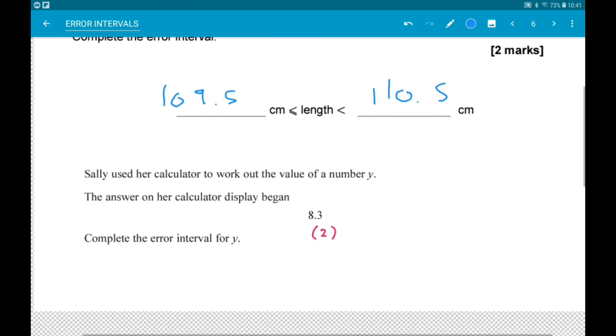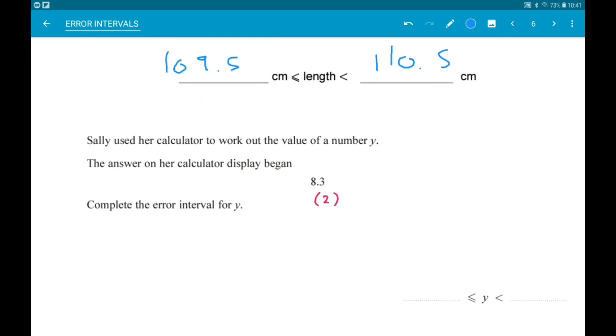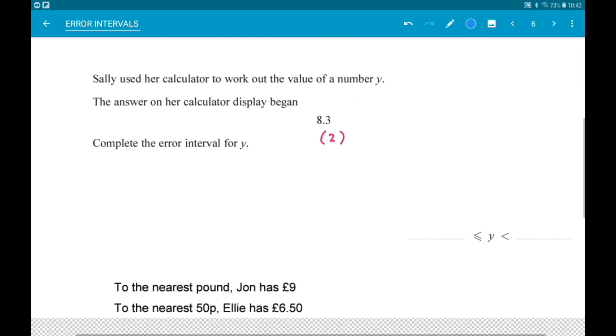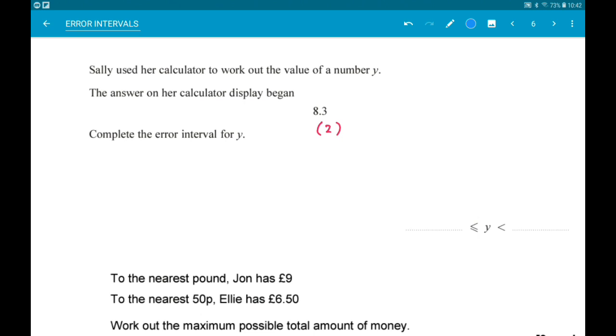Okay, next up, Sally used her calculator to work out the value of the number y. The answer on her calculator began 8.3. Complete the error interval for y. So, if the number begins 8.3, it might stop there.